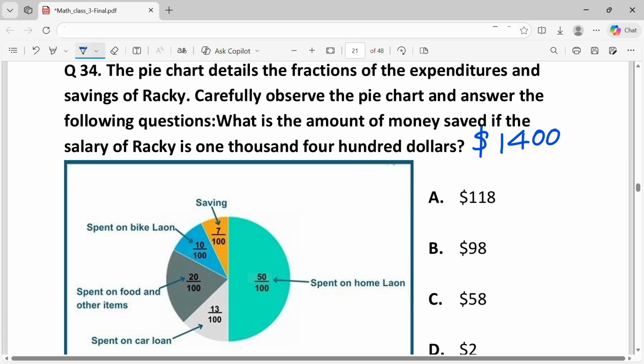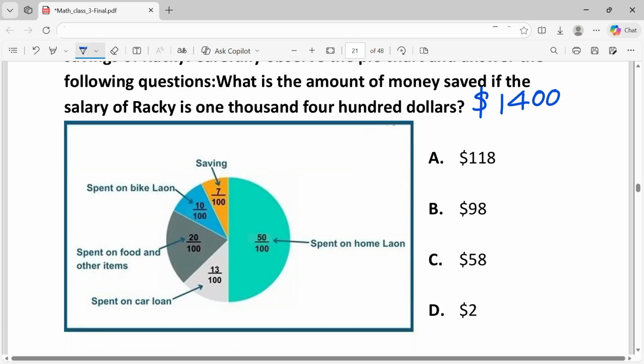So the amount of money saved from the pie chart, we can see he saved 7 by 100. So the amount saved will be the fraction into the total amount, that is 1400, which is equal to 98. That is option B.